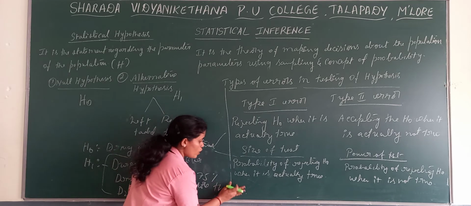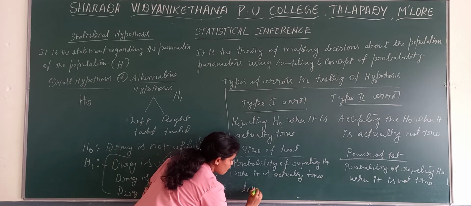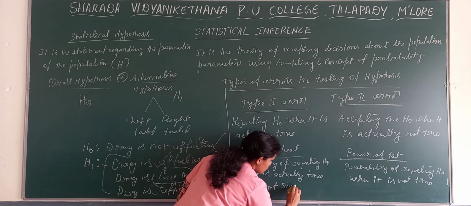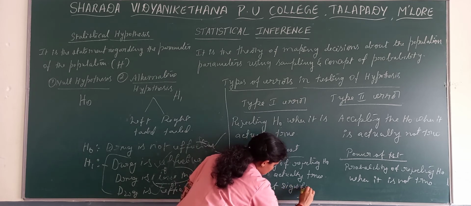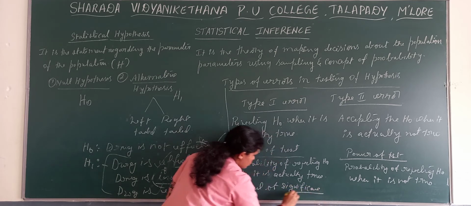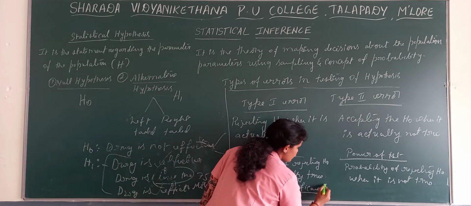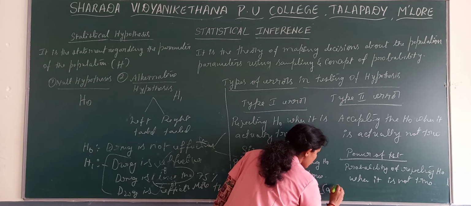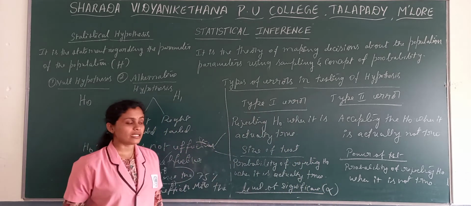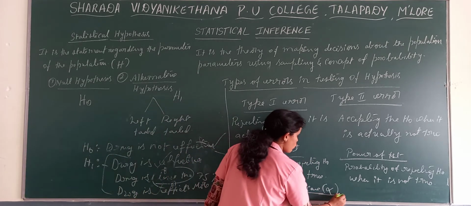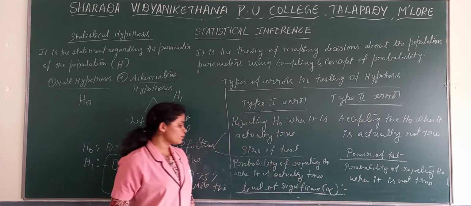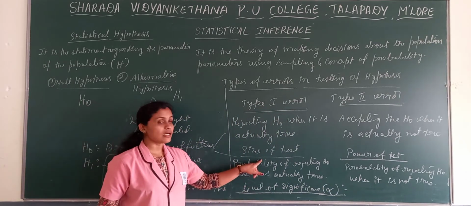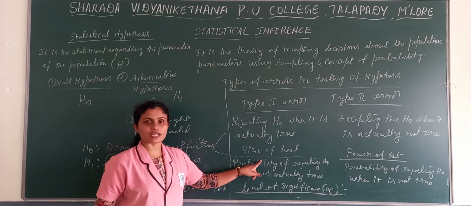And one more, the last term, that is level of significance. Level of significance is denoted by the Greek letter alpha. What do you mean by level of significance? Level of significance is nothing but the maximum size of the test.